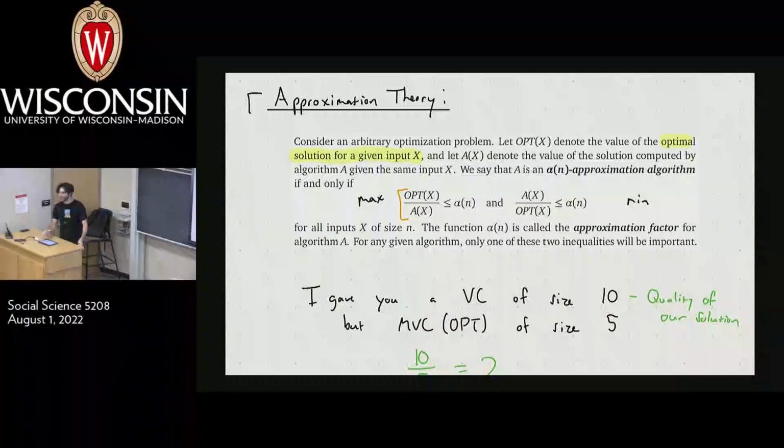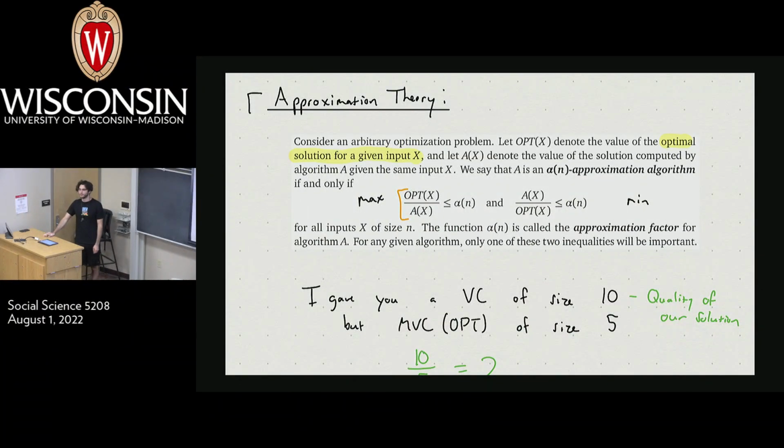So any questions on the idea of what an approximation looks like? So intuitively, it's just an algorithm that's not giving you the optimal amount, but it's always close to it. It's always a factor. A of x is always at most opt of x times that number alpha. So you're not exactly opt, but you're pretty close.